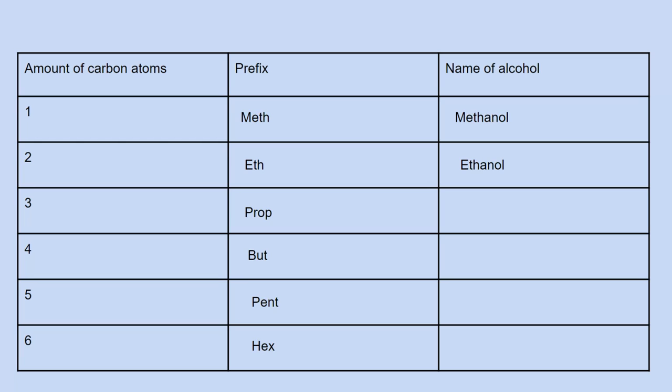Pause the video, see if you can write out the next 4 alcohols. Okay, let's go through the answers. We've got propanol, butanol, pentanol, and then hexanol.